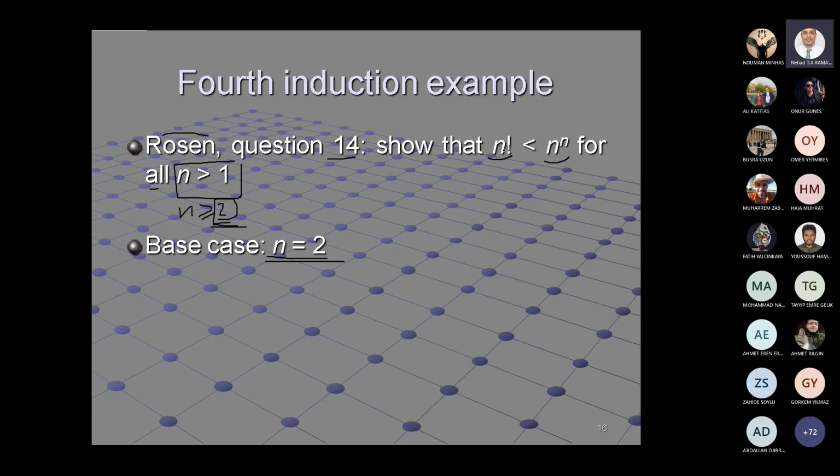We need to show that n factorial is less than n to power n. n factorial means 2 factorial. 2 factorial is 2 multiplied by 1, so it's 2.